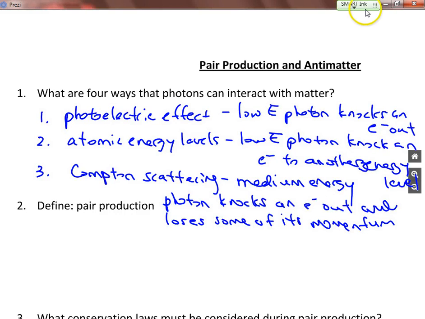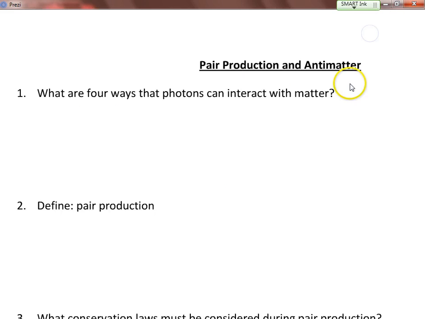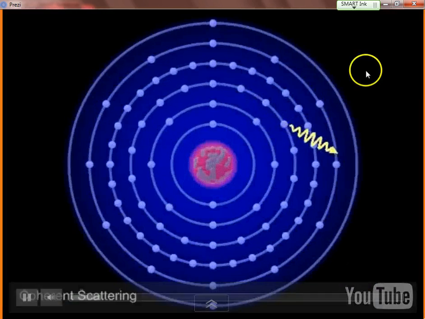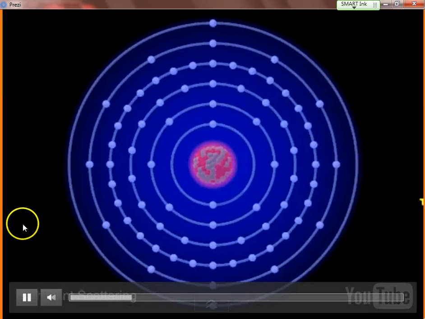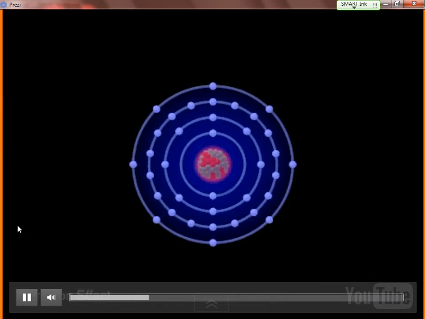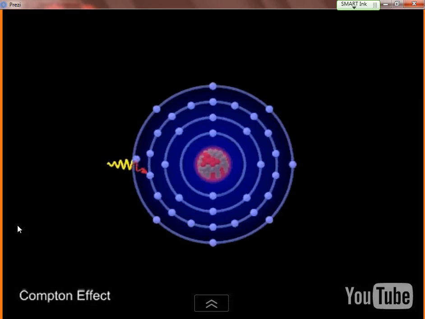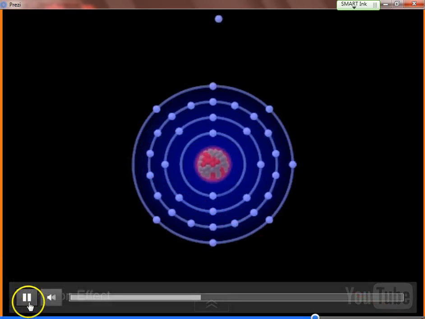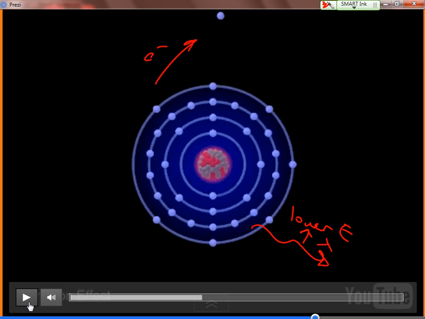So let's take a quick look at this video over here. Okay. So in the Compton effect, we notice that an electron is knocked out, and the photon that was going in this direction had lower energy and a higher wavelength as it knocked out the electron.